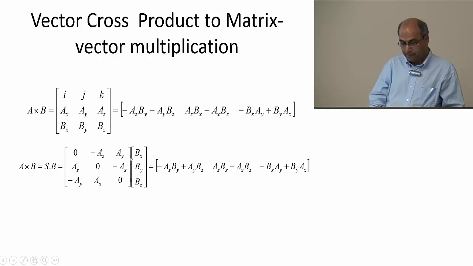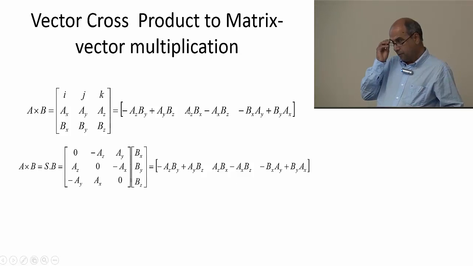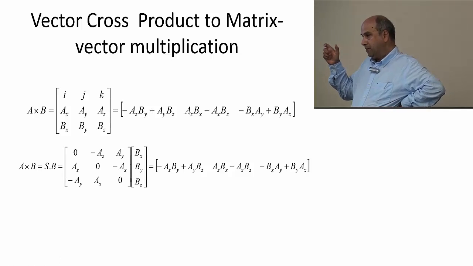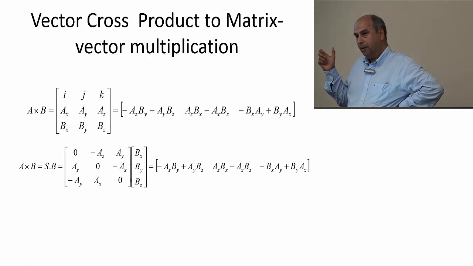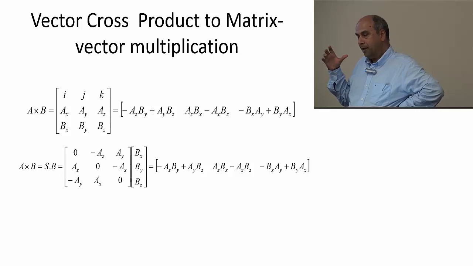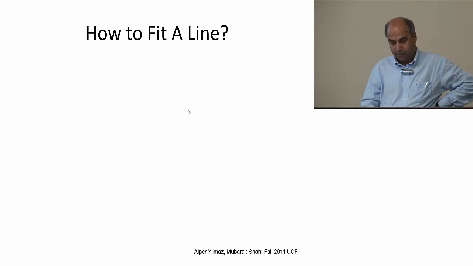Then this multiplied by this will be BXAY with minus sign, and BYAX with plus sign, which is this one. So this is exactly the same as this. So we're saying that you can express the cross product with matrix multiplication, and the matrix is obtained as anti-symmetric from the first vector. So we're going to use that.